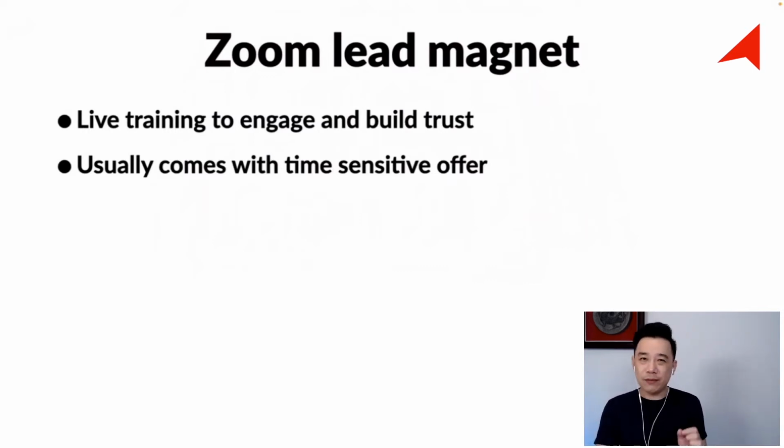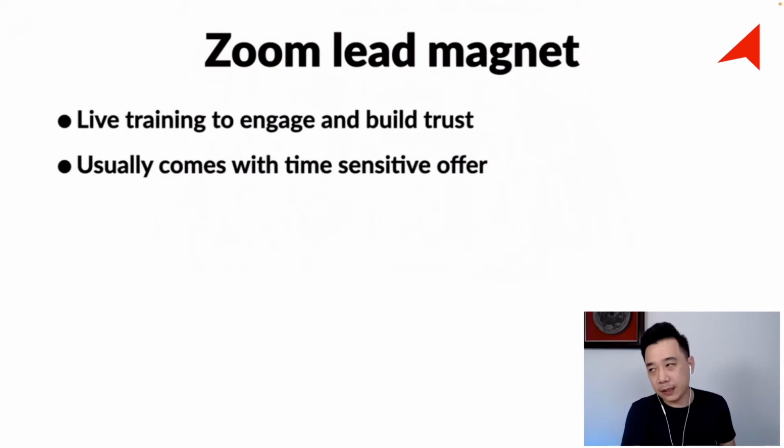So the time sensitivity becomes very important because you want to create that kind of urgency. Because to be very frank, those who want to take up something, even a free one-on-one session with you, will take it up as soon as they can. They usually don't wait. The time sensitivity is a way to push these people to take action.